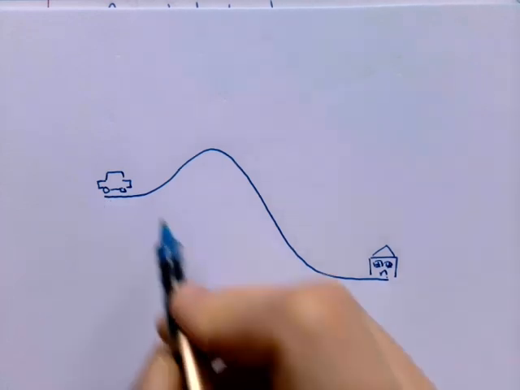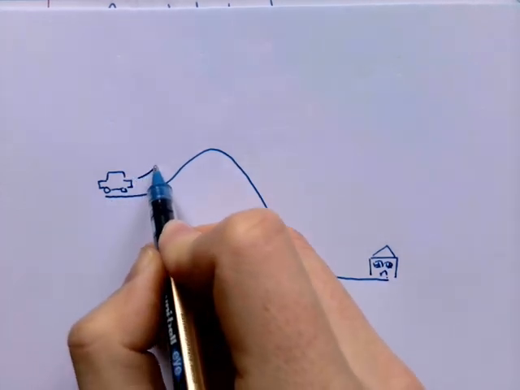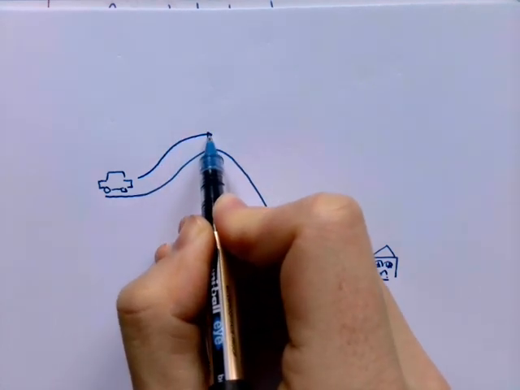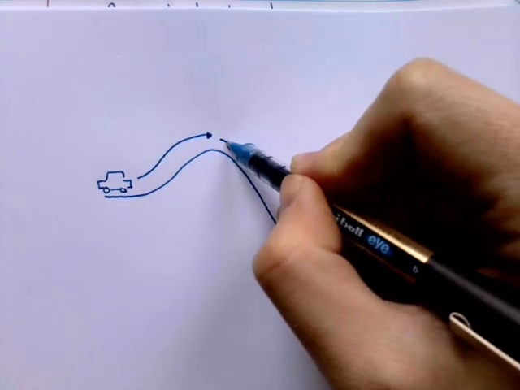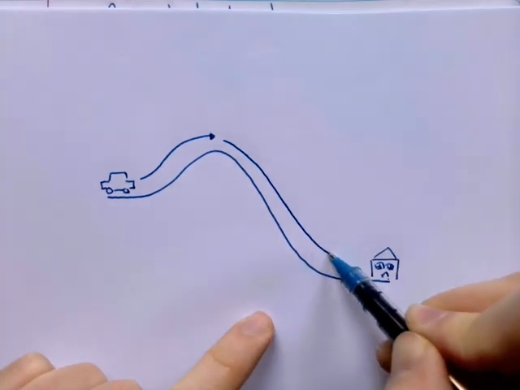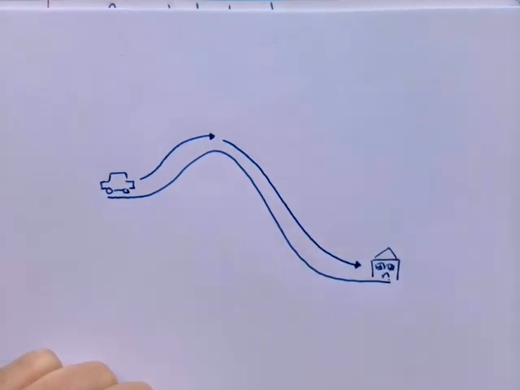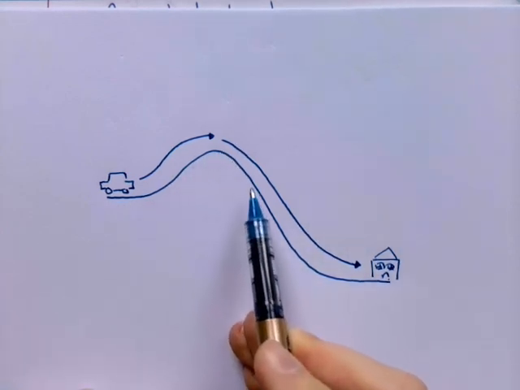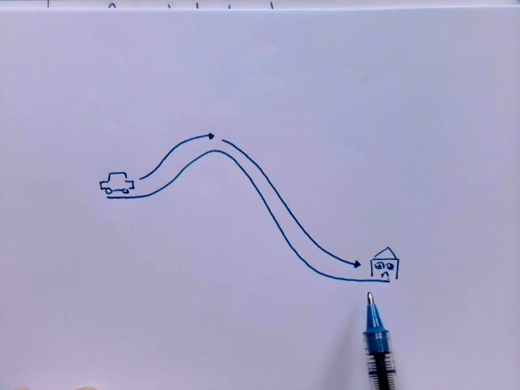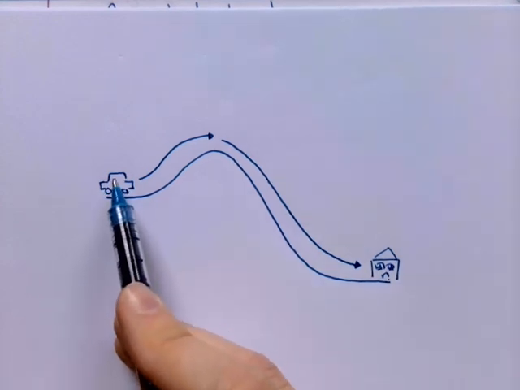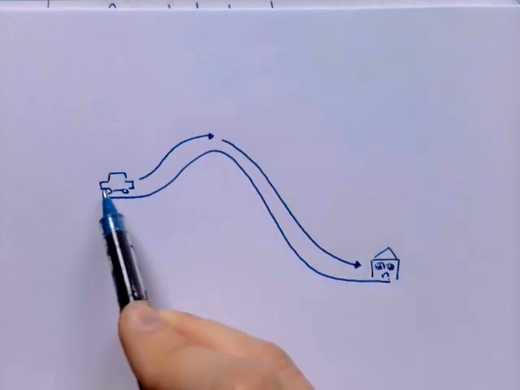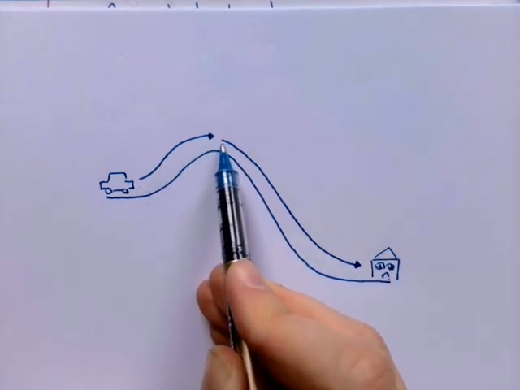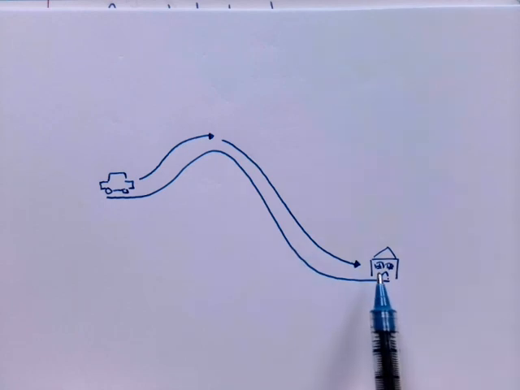However, to get home, you first need to go over this hill, and then you can go down to where you are at home. So once you're down here, you will be lower than you are here, but first you need to go up over this hill. And that's what's happening in our reaction. So this is where we start, and this is where we finish. But in order to get there, we need to go up over this hill, and then we're at home.